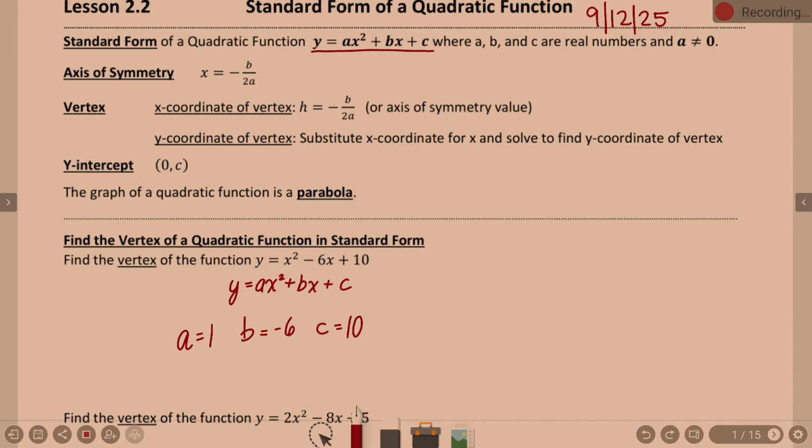It is the constant added or subtracted at the end, right? As I said, I like to go through and identify my a, b, c. Now that I know them, before we can find the vertex, guess what we have to find? Axis of symmetry.